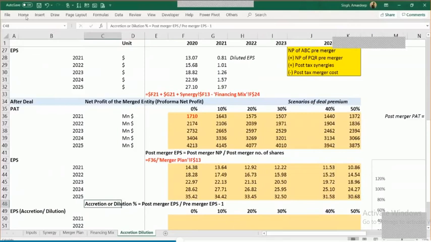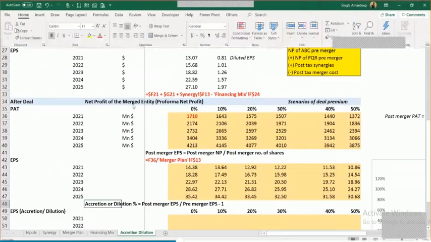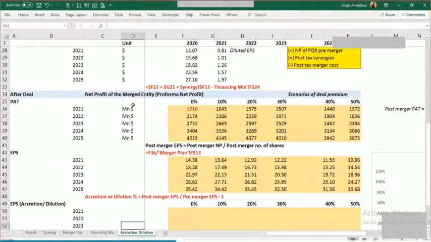This is what you need to do to be able to see if it is actually accretive or dilutive. I have got the post-merger EPS here as 14.38. Now see, when you compare it to 13.07, what do you notice? Has it increased or reduced? Definitely it has increased. It used to be 13.07 before the merger, and now it's going to look like 14.38. So there is a delta. There is a higher amount that I see. And what is that translating to in percentage terms? That's roughly about 10%.